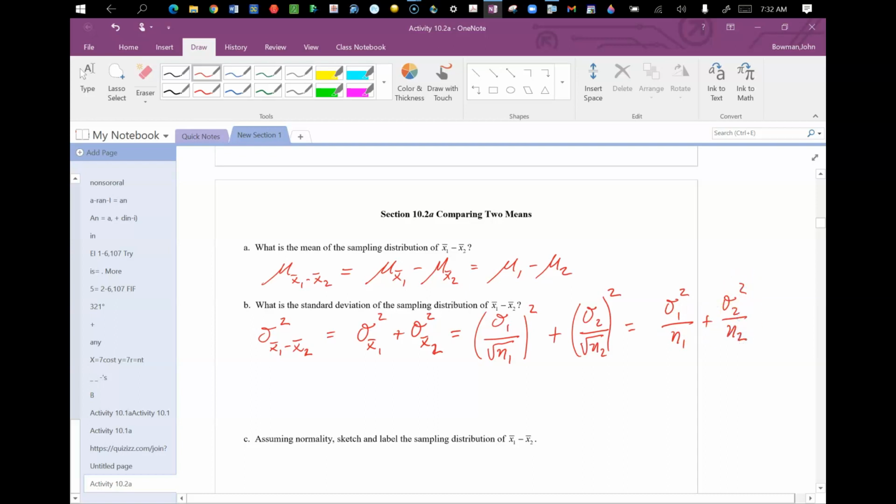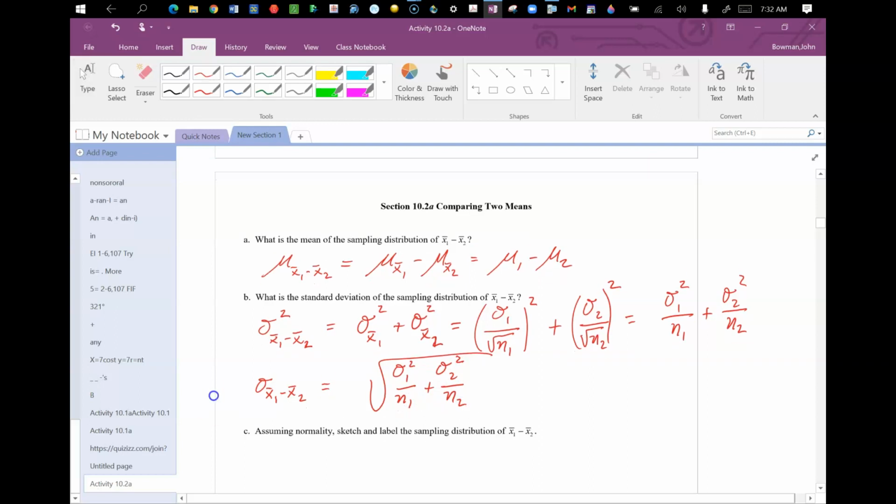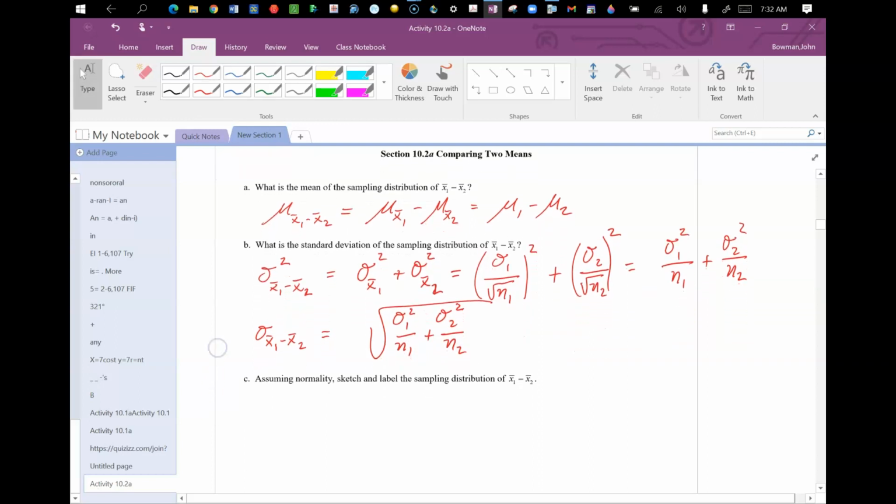And to find the standard deviation, we would take the square root of what we just found. So it would be the square root of sigma 1 squared over n1 plus sigma 2 squared over n2. And remember, that depends on the condition that the two random samples are independent of each other.